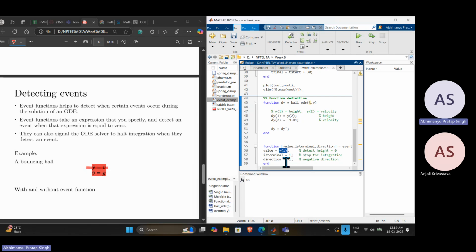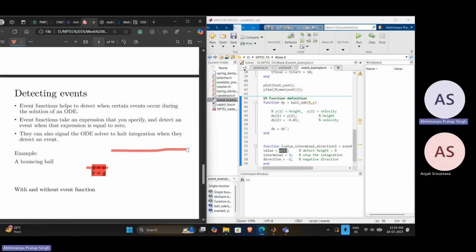And the third one is the direction. I have something like this, right? This is my number line, this is my 0. I can cross this 0 either from this direction, or from this direction, right?